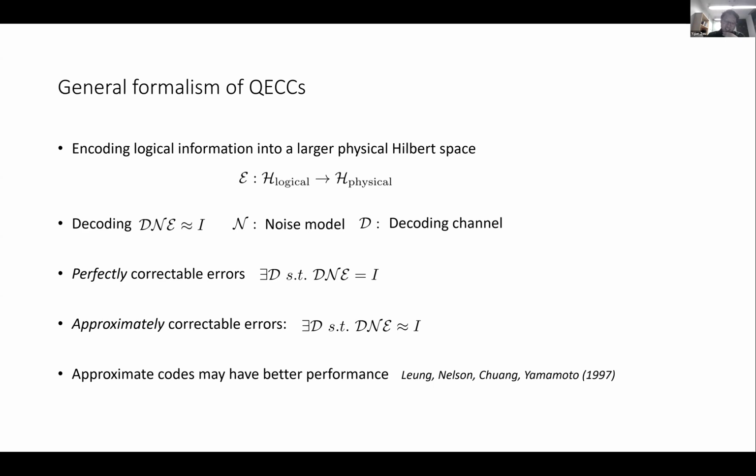There are two classes of quantum error correction codes. The first is called perfect or exact codes, or perfectly correctable errors, given by exact equality to identity. But there are also approximately correctable errors, where the CFT code is one of these examples, where you can at most achieve this approximate sign, not the exact sign.